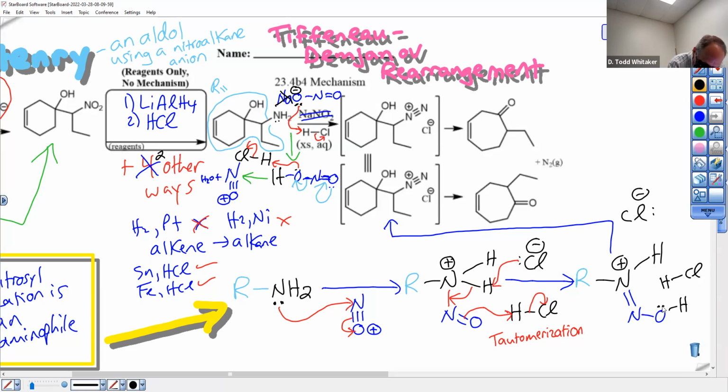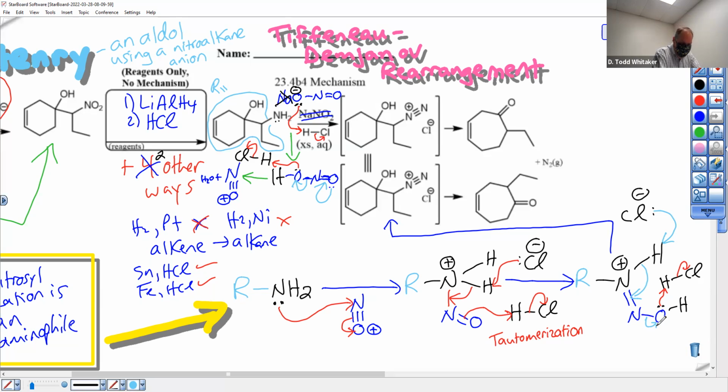First step is to protonate to make a better leaving group. And then do what looks like tautomerization, but technically is an elimination. They're close cousins. Their arrows almost look identical. And that gets you into that box, doesn't it?